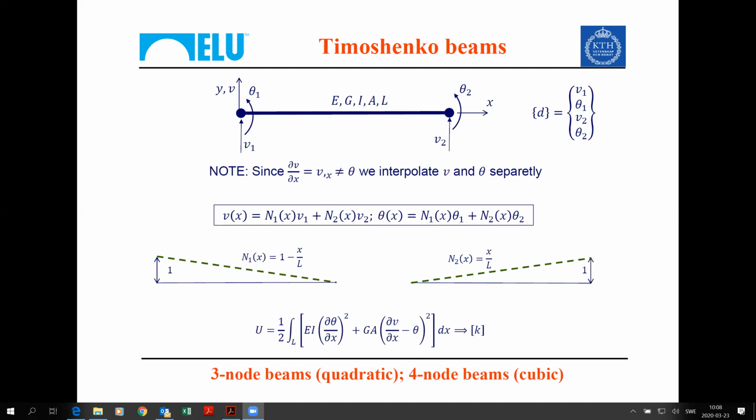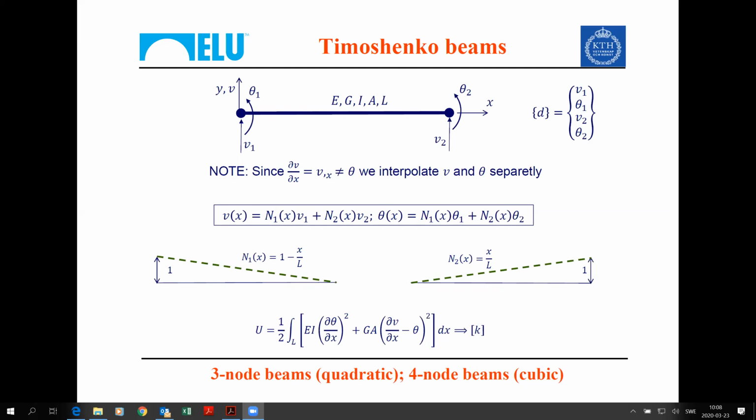This is the best approximation that we can produce, given the fact that we have 2 values, V1 and V2 for V, and 2 values, theta1 and theta2 for theta. The only thing that we can do is linearly interpolate between these 2 values, because otherwise we don't have enough conditions. And you are very right. This is an approximation. It's not such a great approximation either.